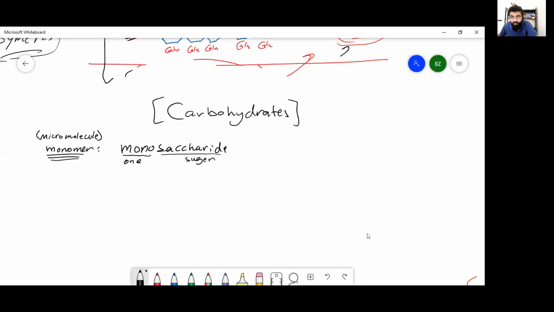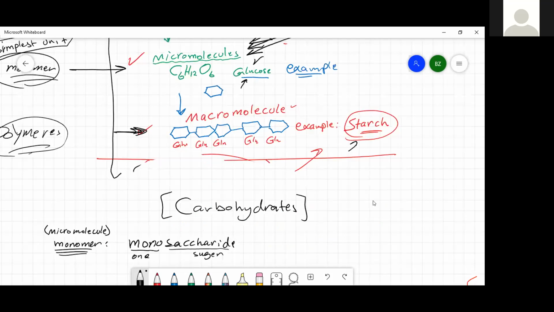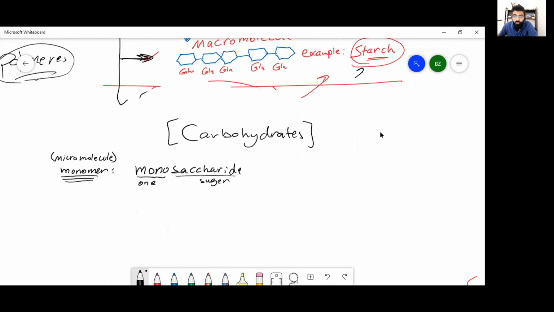Guys, wake up. I'm talking here. The monomer means the simplest molecule, or the simplest unit. It's called monosaccharide in the carbohydrate family.